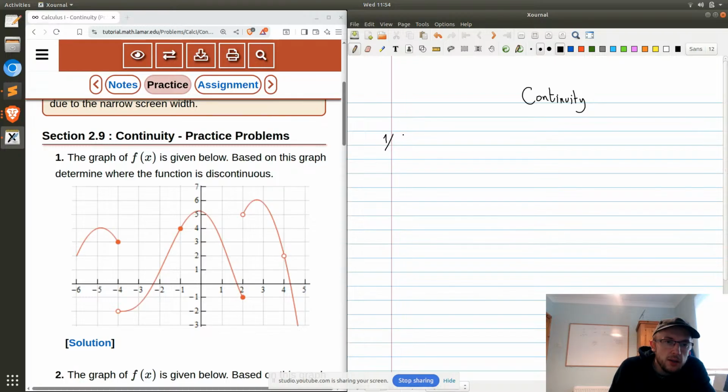Based on this graph, determine where the function is discontinuous. -4 and 2 and 4.